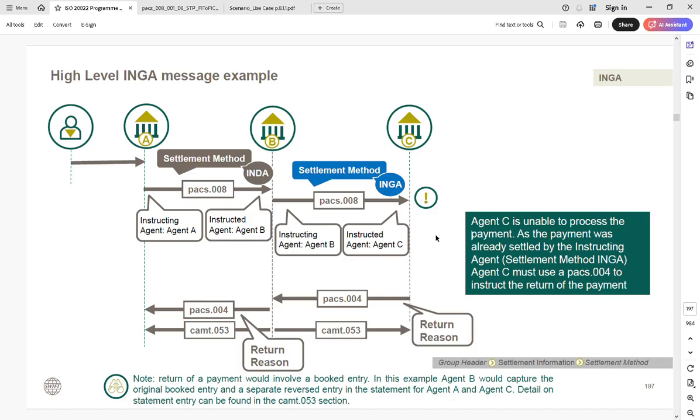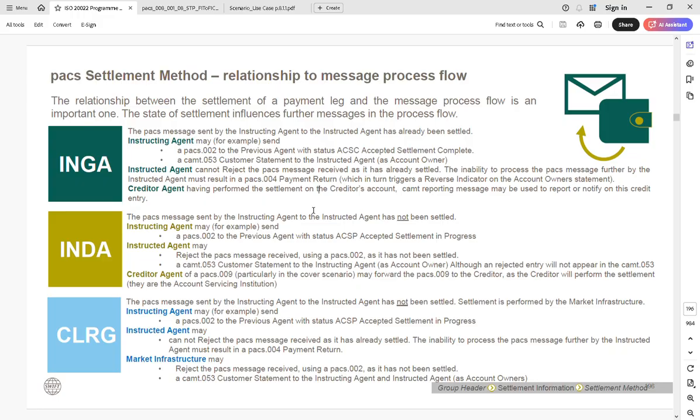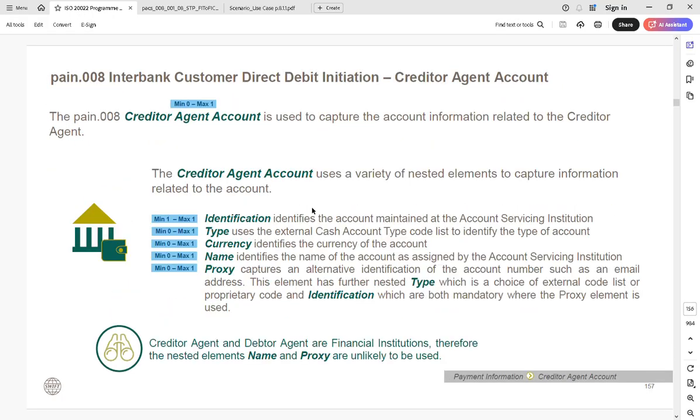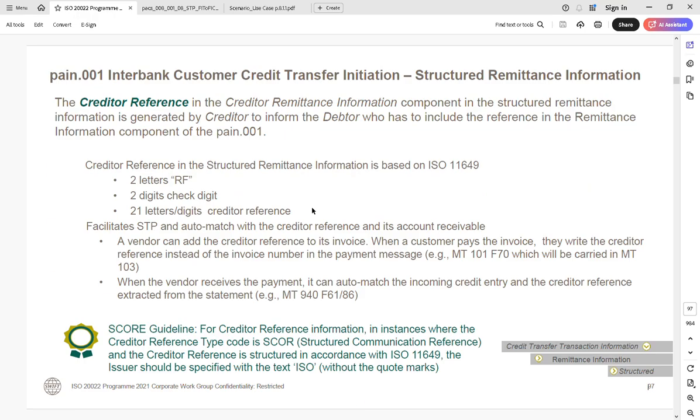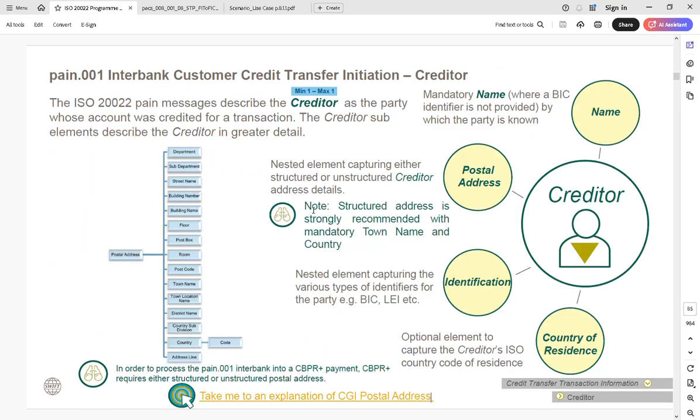Now here they haven't explained it properly. Normally PACS004 could not be sent directly. We have to send it. That's why they have explained it on the first page itself.